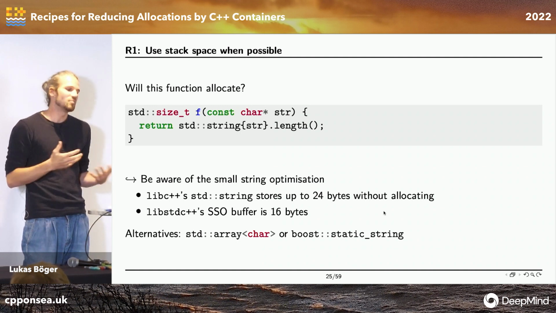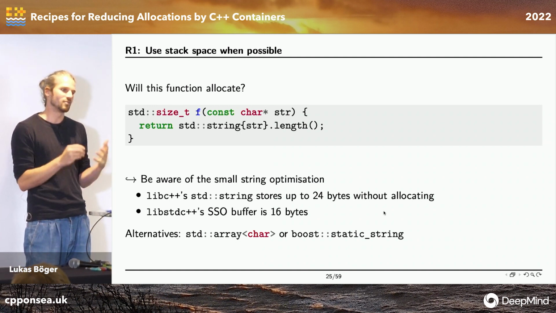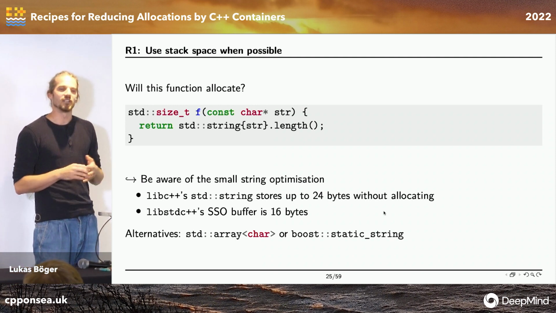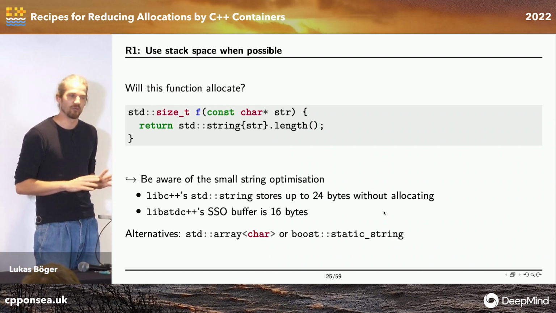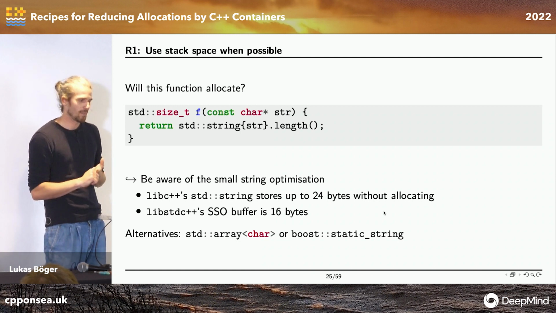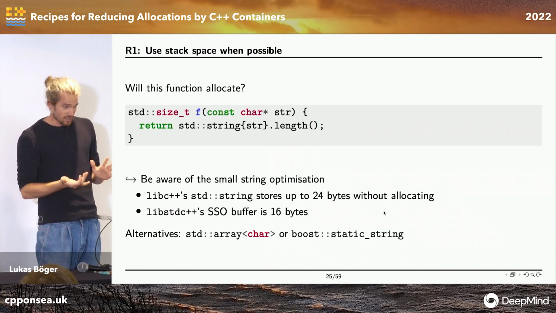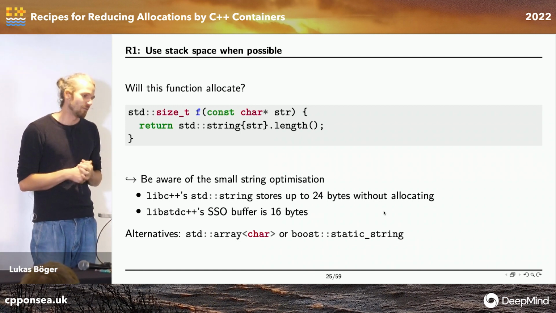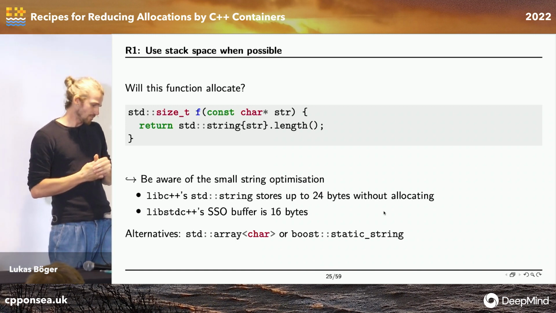That's probably not good, but it's worth knowing about. And when the scope of the string you're using is small, I guess it might be fine to say, I don't care about it because we have SSO. If that doesn't cut it, you can reach out to an array of characters, obviously, or use something like boost static string.